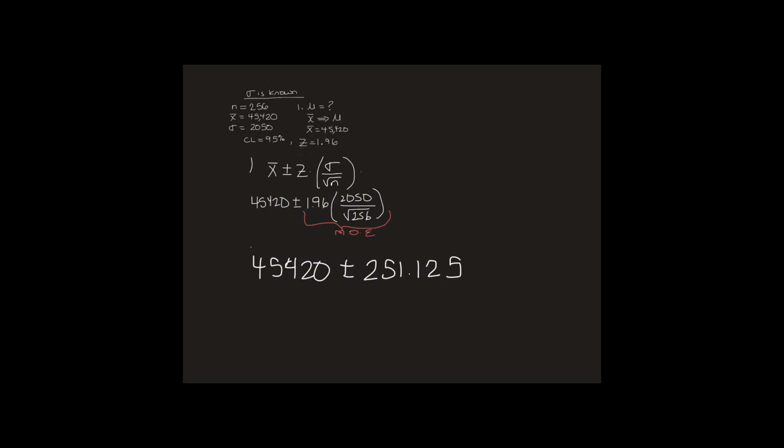So technically, we can build a range of possible values here, and we could say that with a 95% level of confidence, the true population mean is likely to be within the following interval of 45,169 through 45,671. Clearly, I did some approximation without using the whole decimal here. You will be required to make sure you use the decimal when you're doing your homework.